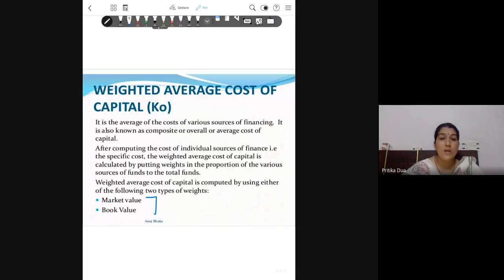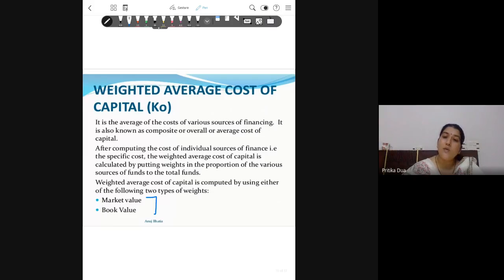So it had no relation with the market value of that asset. If we continue with that concept, we are moving as per the book value weights. If I am taking the book value of equity, if I am taking the book value of debt, moving according to the balance sheet values, it is the book value weight.